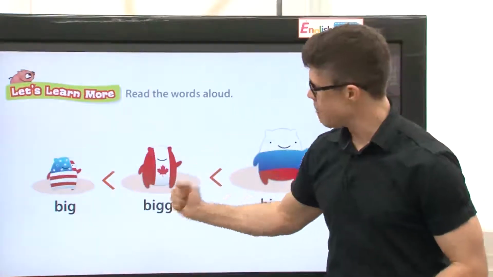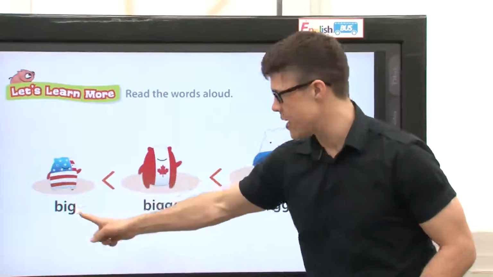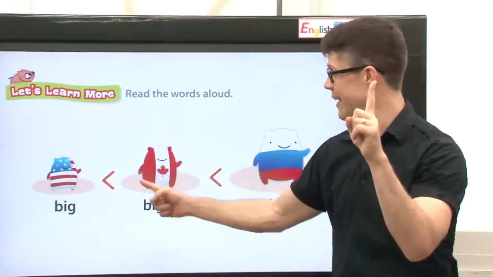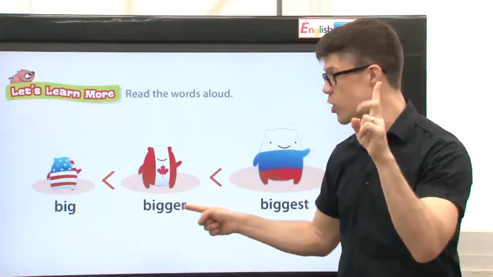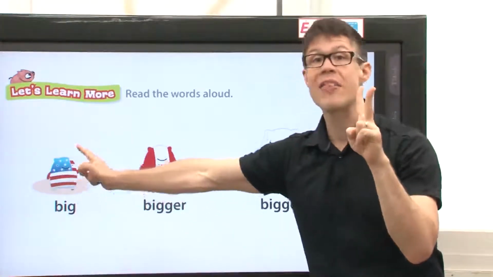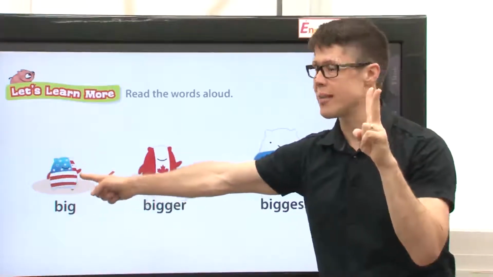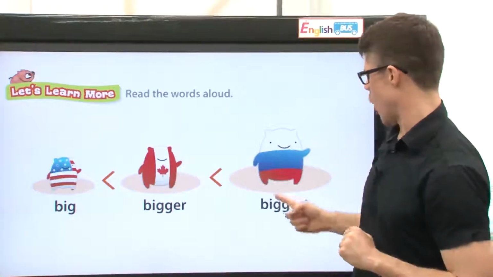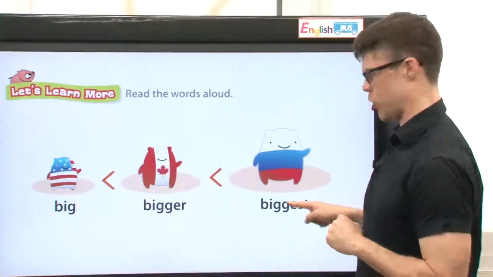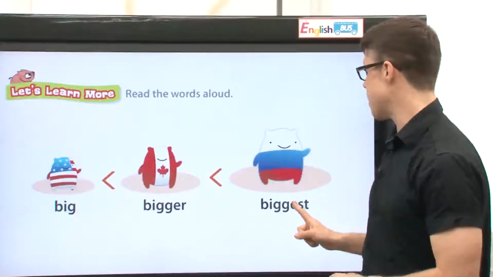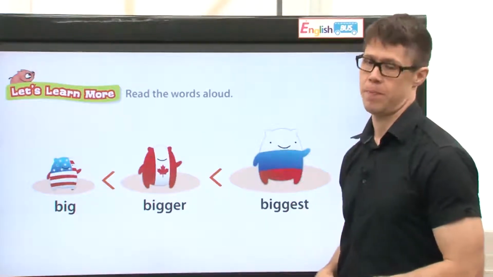Here we can say United States is big, but Canada is bigger. Canada is bigger than USA, United States. And we can say Russia is the biggest. In the world, Russia is the biggest country.